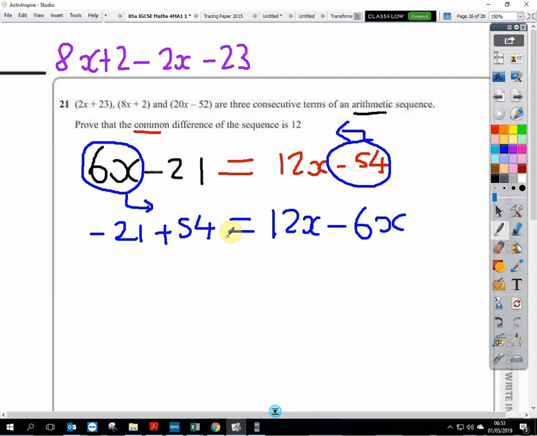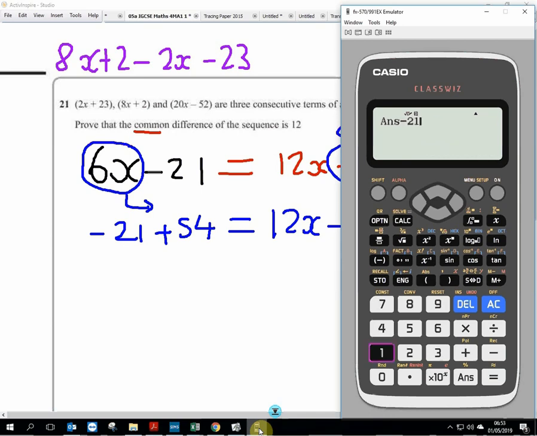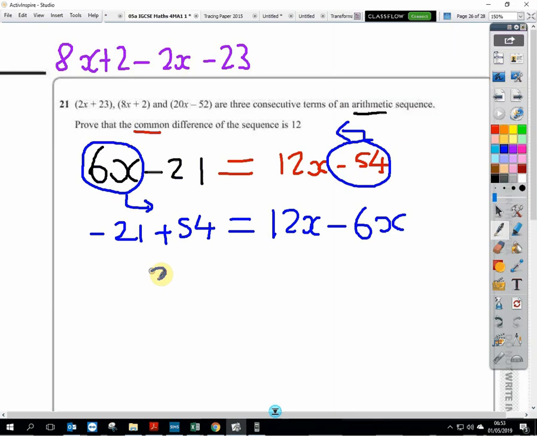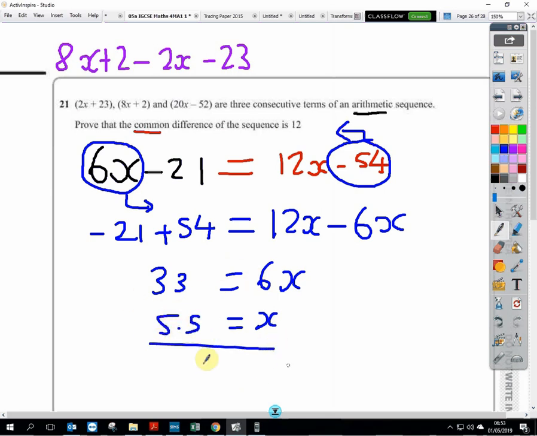Now, negative 21 plus 54. Let's have a go. That's 33, which is equal to 6x. And then if I divide both sides by 6, 33 divided by 6 is 5.5. So now I know x is 5.5.